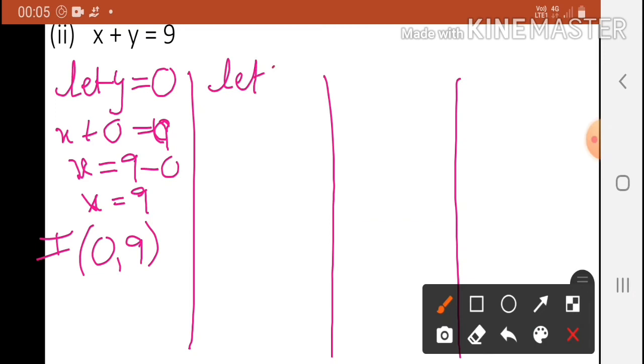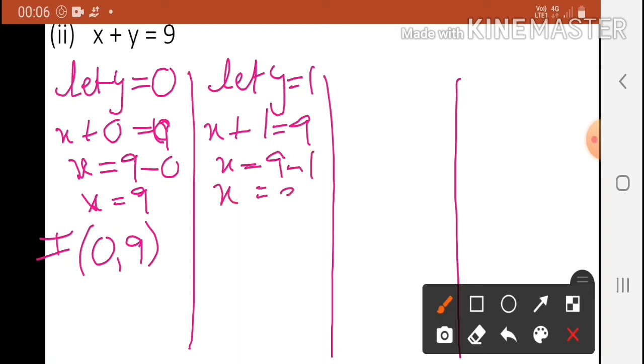Let y equals 1. x plus 1 equals 9, x equals 9 minus 1, x equals 8. So the second solution is (8, 1).